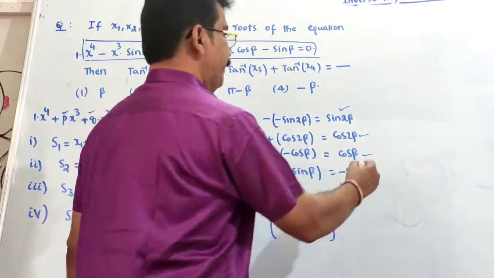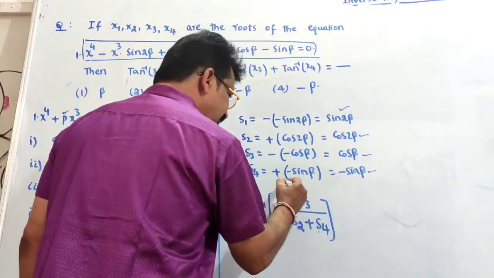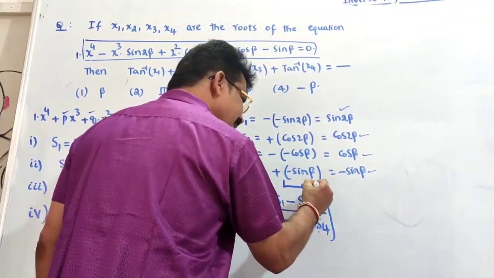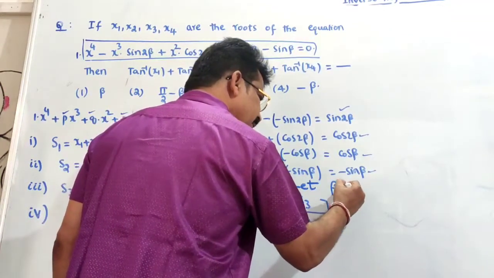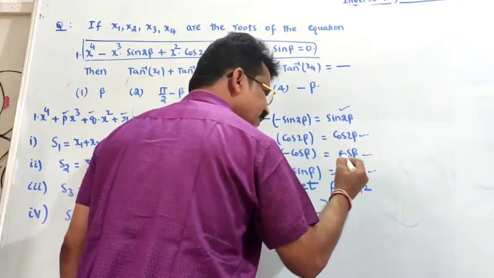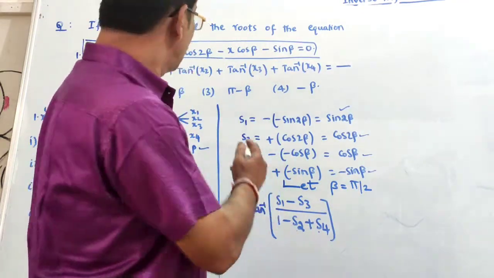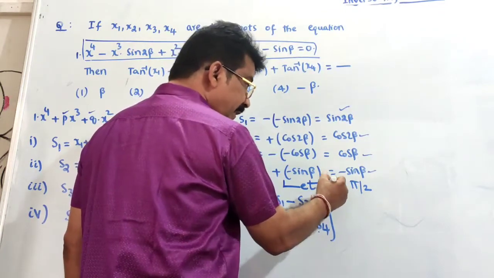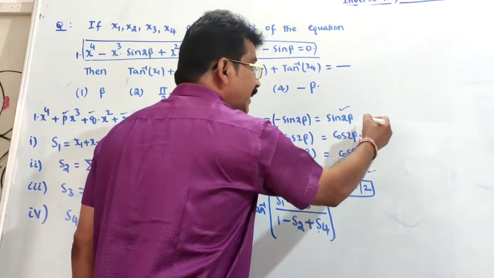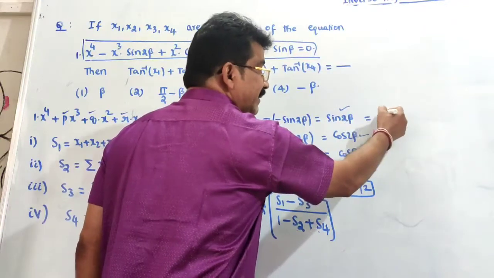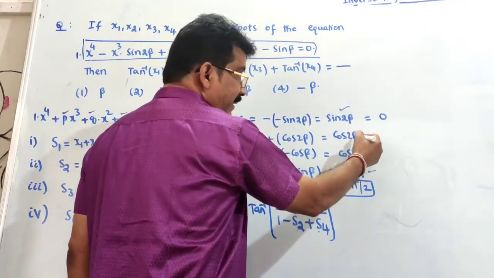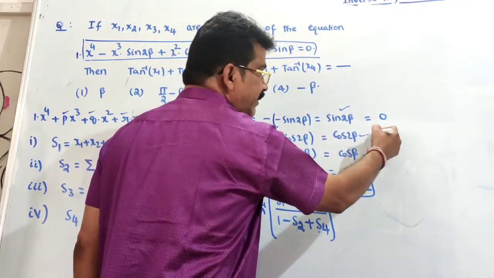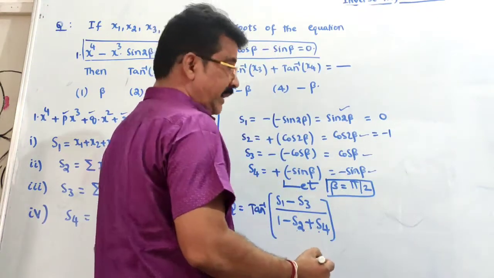That is why we are taking beta equal to 90 degrees. This is the shortcut for this question. When beta is equal to 90 degrees, s1 becomes sin 180, which is 0. Next, cos 180 is cos pi, minus 1.